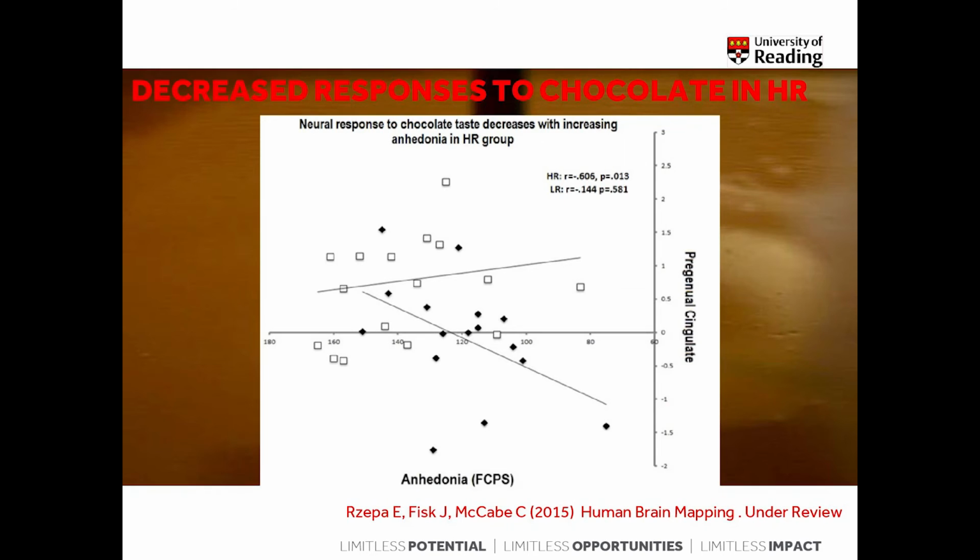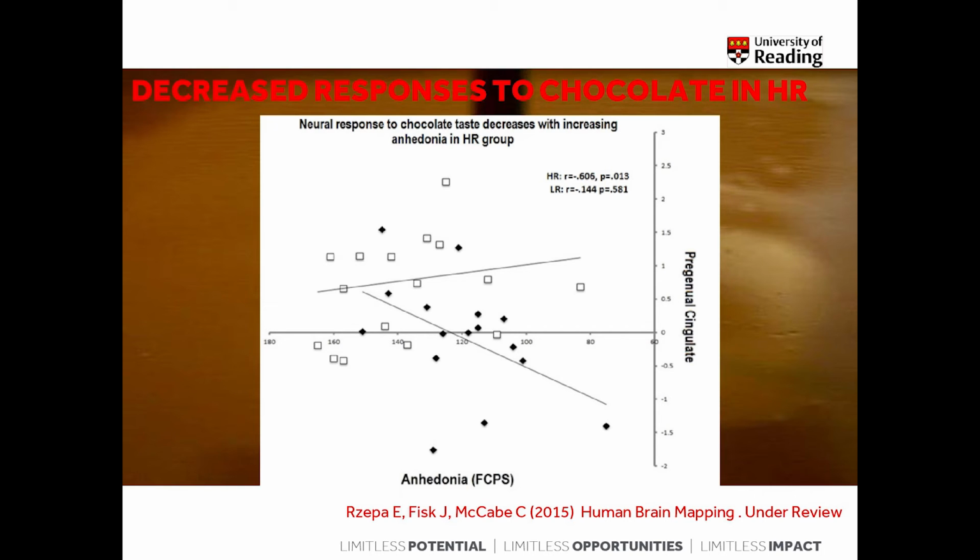What this graph shows, in the white squares and the flat line, is young people who have a low risk of depression, so they have low scores on depression questionnaires. There's no relationship between their brain function to reward and how they respond on questionnaires of depression. But if you take the high risk group, they have an increase in scores of anhedonia.